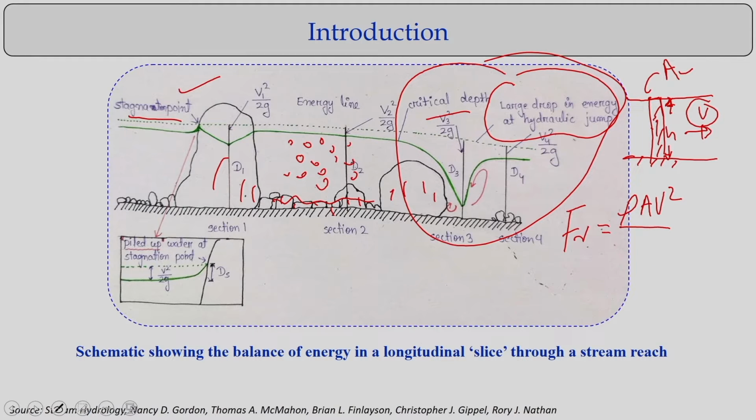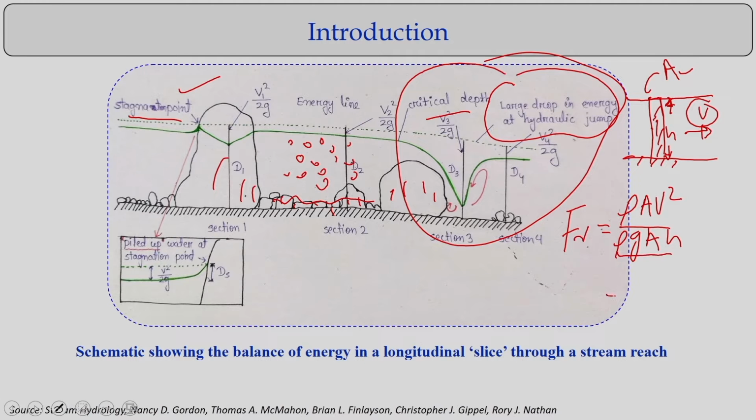In this case, you will have rho g A h. Here h is the depth multiplied by the area, which gives a volume; multiplied by the density and then by the acceleration due to gravity, you get the weight. That is the force due to gravity.